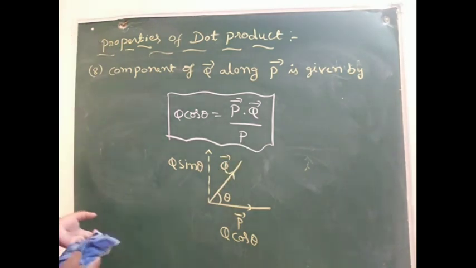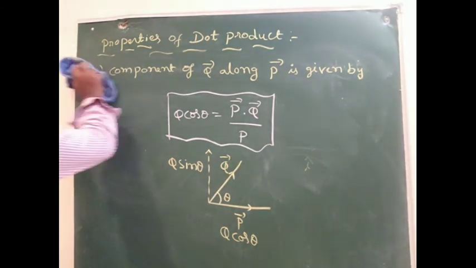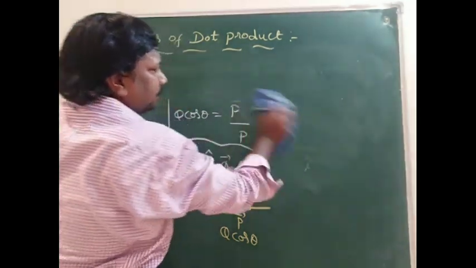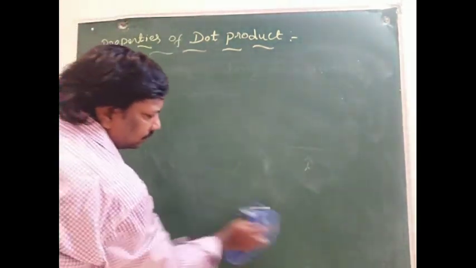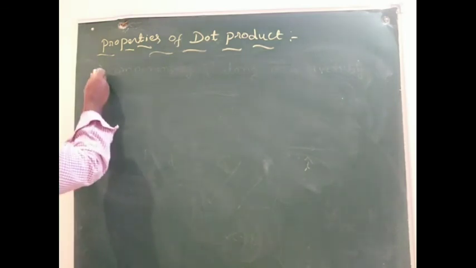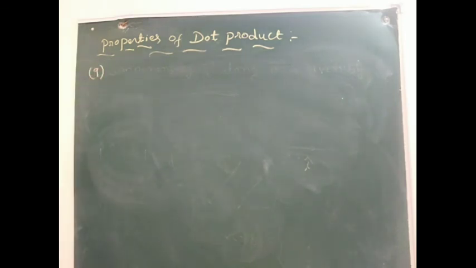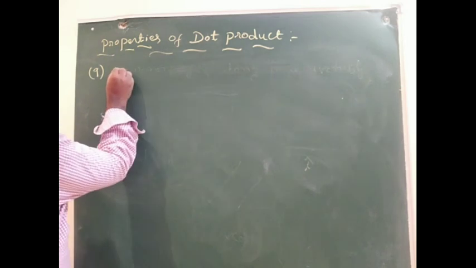Okay. Next property is property number 9, that is self dot product.